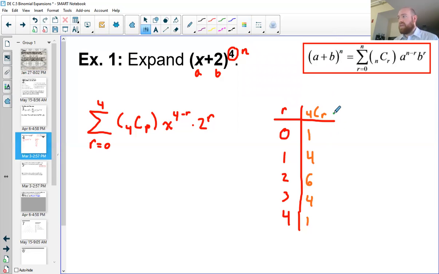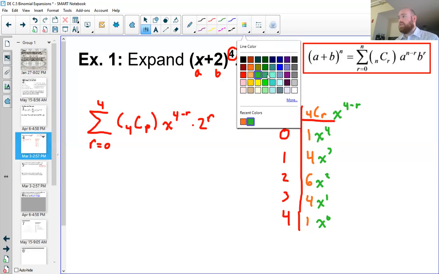Then in green, we now want to have x to the power of 4 minus r. So we'll have x, 4 minus 0 is 4. Then 4 minus 1 is 3. 4 minus 2 is 2. 4 minus 3 is 1. And then 4 minus 4 is 0.